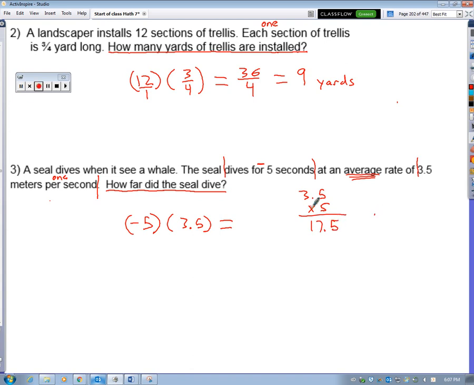Again, I went through that more quickly. If you need a review on multiplying, you can take a look at another video or talk to me about it. So we get 17.5 meters. That's how far the seal went down after 5 seconds. Because we're multiplying a negative times a positive, that's how far it went down, negative 17.5 meters. Yay, it escaped the whale. Good.